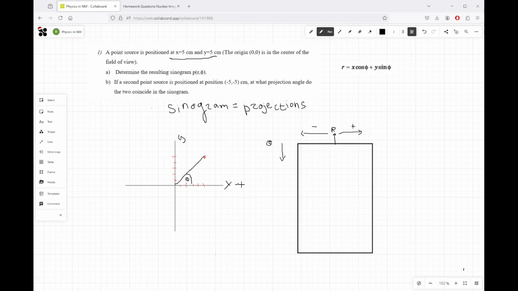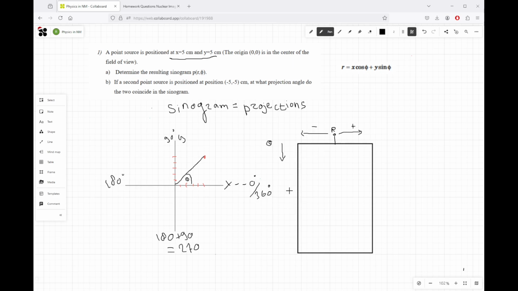This means that over here we have our 0 degrees, here we have our 90 degrees, here our 180 degrees, and here 180 plus 90, which is 270 degrees, and then all the way back we again have 360 degrees.